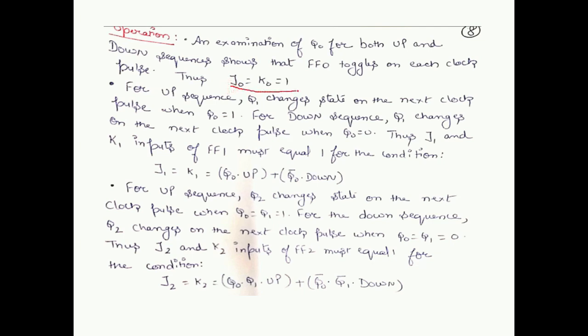J0 K0 is equal to 1. J1 K1 is equal to Q0 dot up signal plus, that is OR gate, Q0 bar dot down. So this is for the up counter and this is for the down counter. And the last is J2 K2. Q0 dot Q1 dot up plus Q0 bar dot Q1 bar dot down.